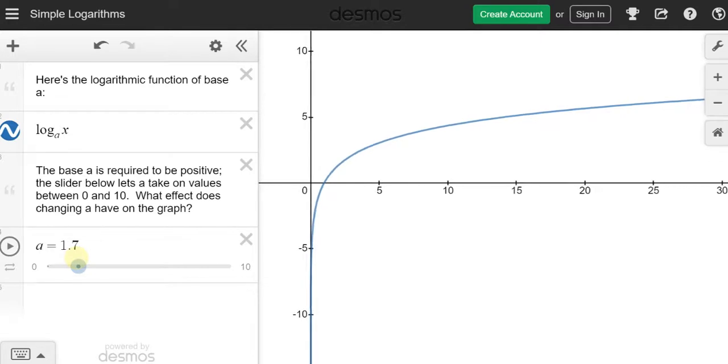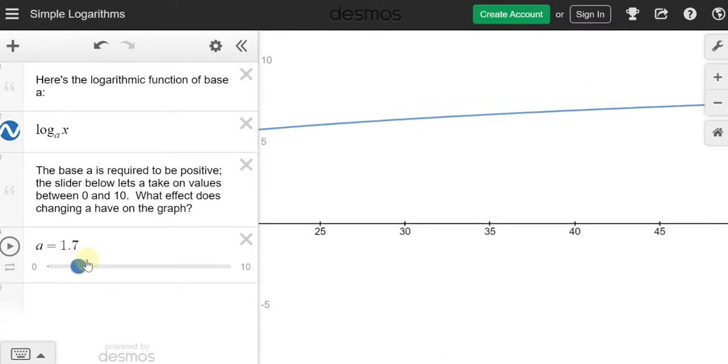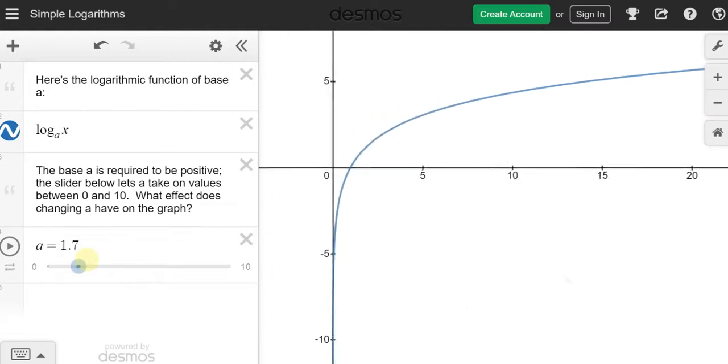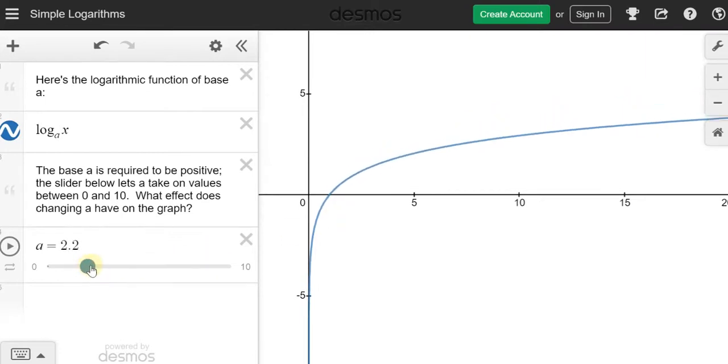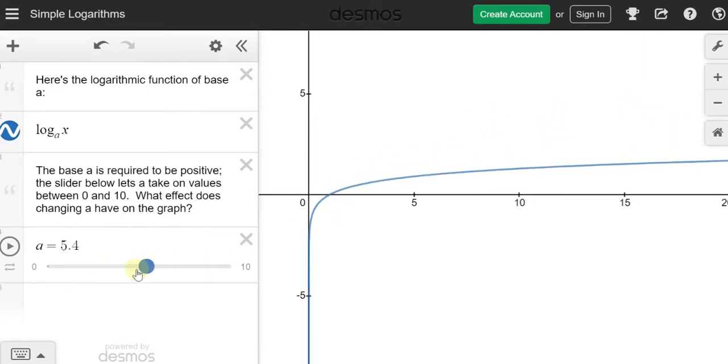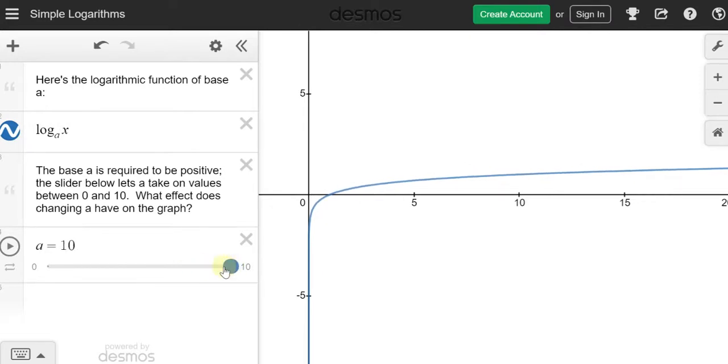Pretty cool, huh? I want to make it to where it stays and you can see better. There you go. You can see that branch. You see how the branch is behaving for different values of the base. So anyway, just want to show you what it looks like. This is what log base 10 looks like.